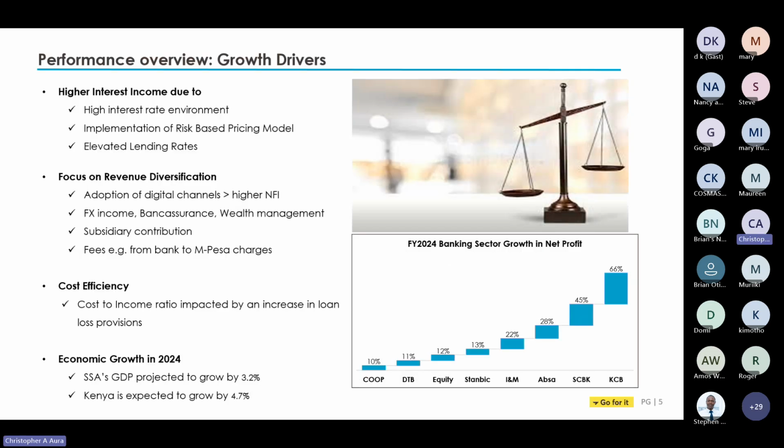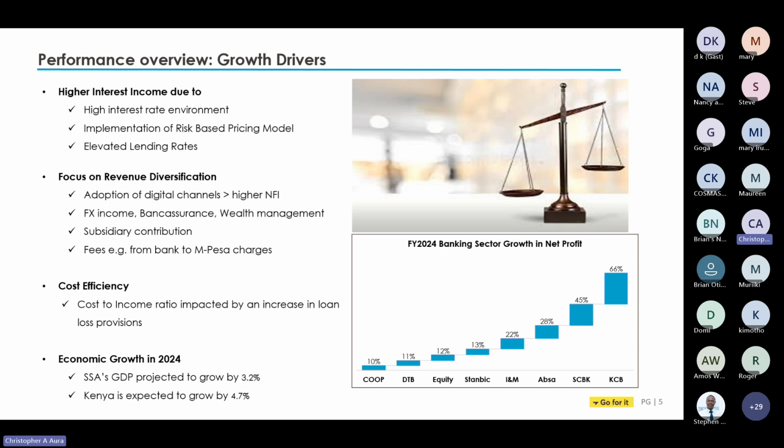And now here, we're looking at the performance of the sector and what were the key growth drivers. One of the things that we see in terms of profitability, for all the tier 1 banks, I mean the listed ones and the ones that have higher capital buffers, is that all of them made a double-digit profit growth.